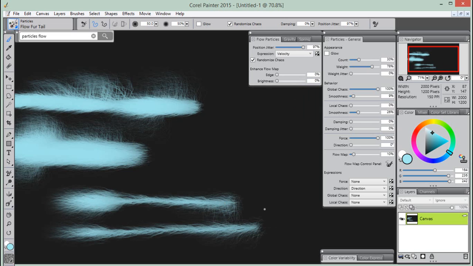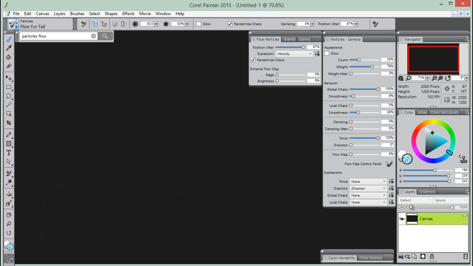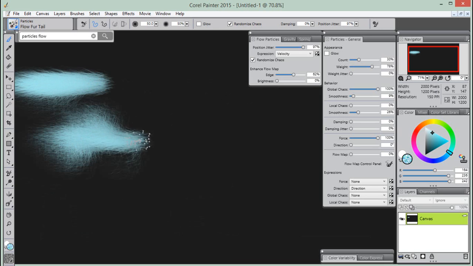All particle brushes can have their marks influenced by flow maps. There is also a slider in the Particles General panel. But let's make some changes first under the Enhance Flow Map controls. When using these controls with the gravity and spring brushes, the individual particles get pushed by the flow map depending on the strength of the other forces.